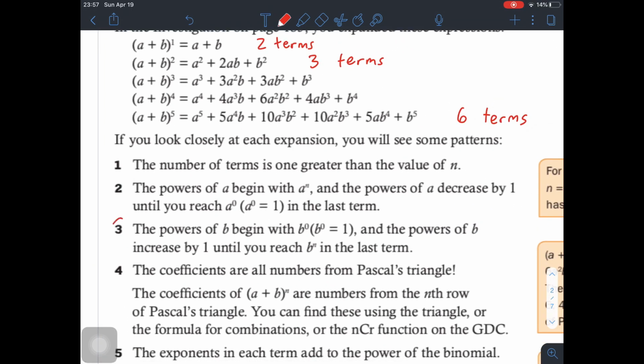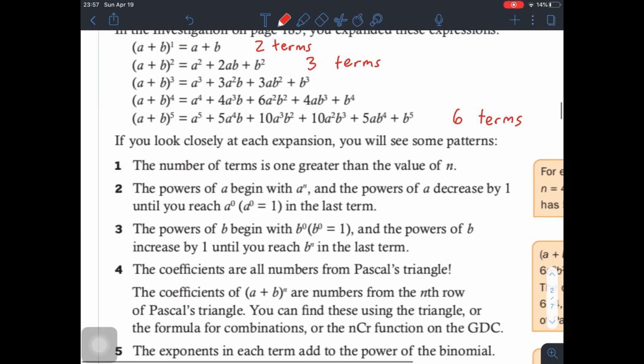So that leads us to property number 3, which is exactly the opposite of number 2. It says the powers of b, remember b is the second term of the binomial, begin with b to the power of 0, and the powers of b increase by 1 unit until you reach b to the power of n in the last term.